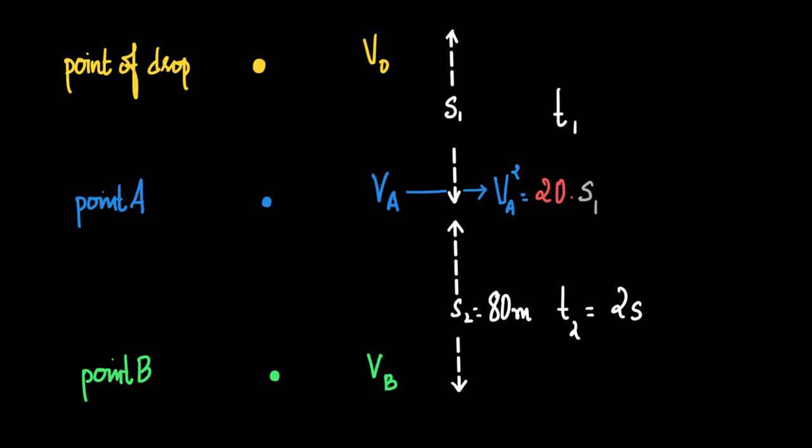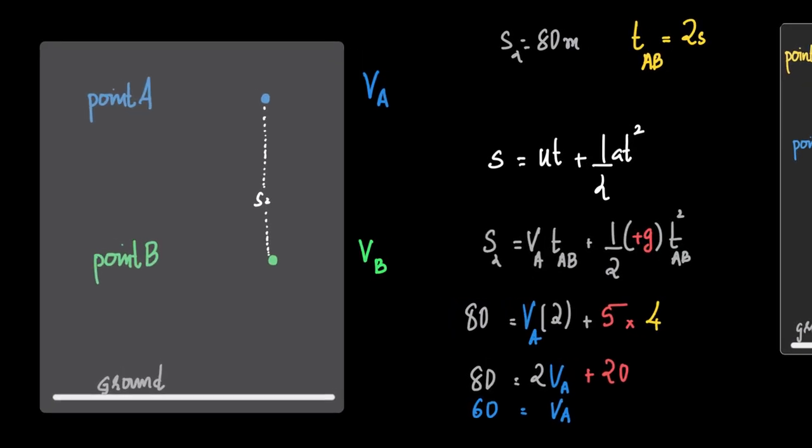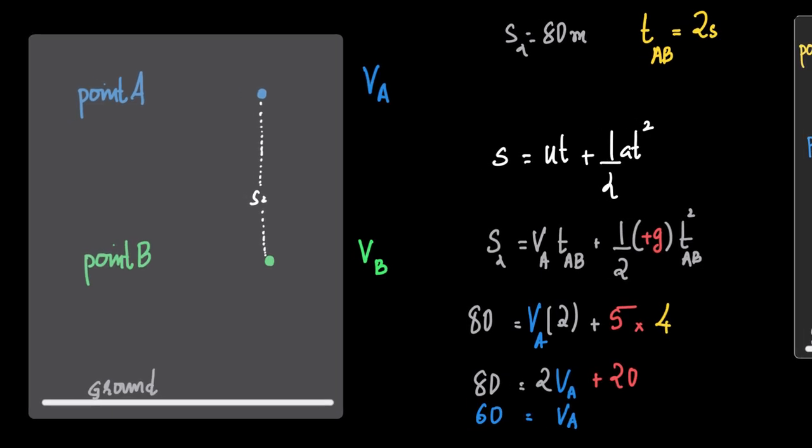Nothing conclusive so far, which means we'll have to consider the rest of the problem as well, which is the motion along AB, from point A to point B.